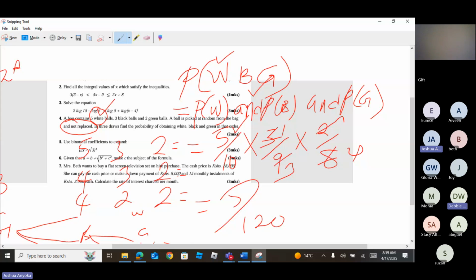Anybody wants to answer? After multiplying, all of these come to 1/24. Yes, that's right. 120 divided by 5 is what? See, 24.